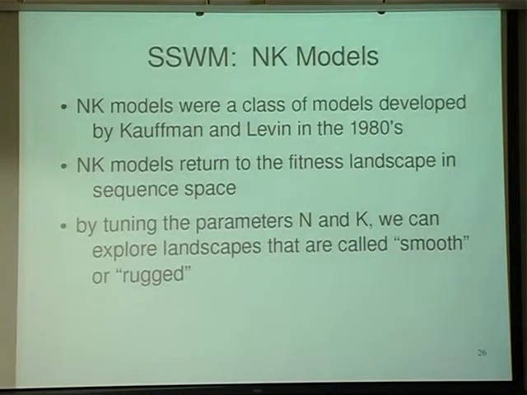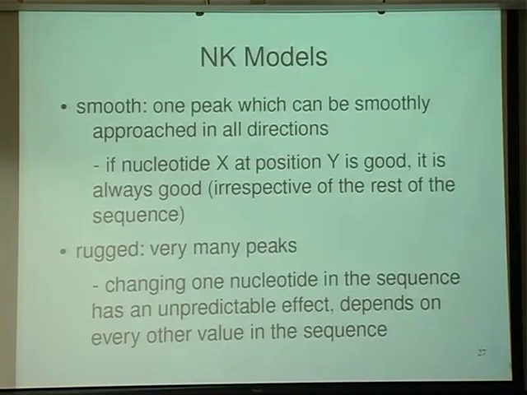Following from that, at least chronologically, were NK models. This is a completely different class of adaptive model. I'm not going to give you details about the NK models, but they do work in sequence space and explore landscapes that are smooth or rugged. So many peaks or one peak in the adaptive landscape. And I think you probably know about smooth and rugged landscapes, maybe.